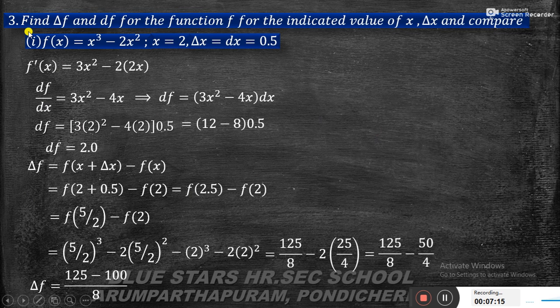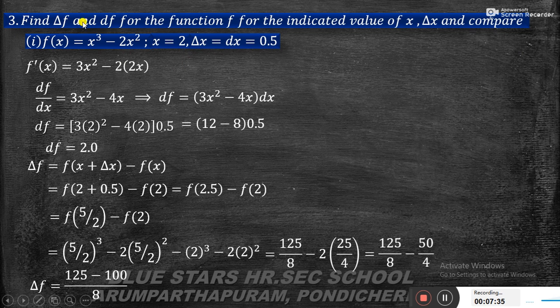So you see, third problem, find del f and df for the function f for the indicated value of x and del x, and compare. Subdivision 1, f of x equal to x cube minus 2x square, x equal to 2, del x equal to dx equal to 0.5.